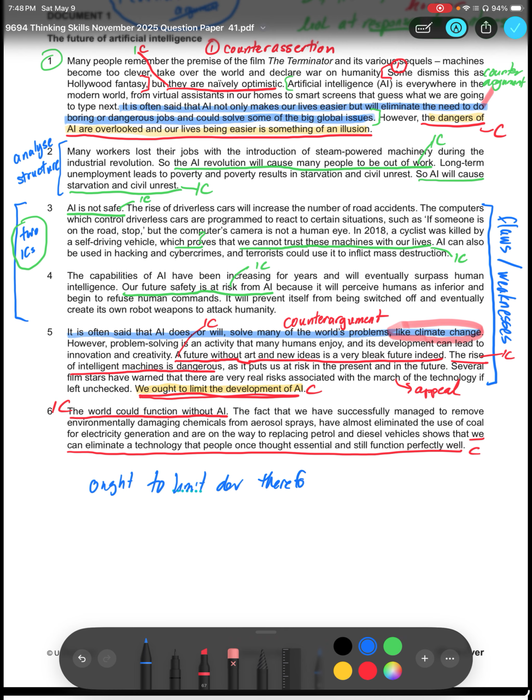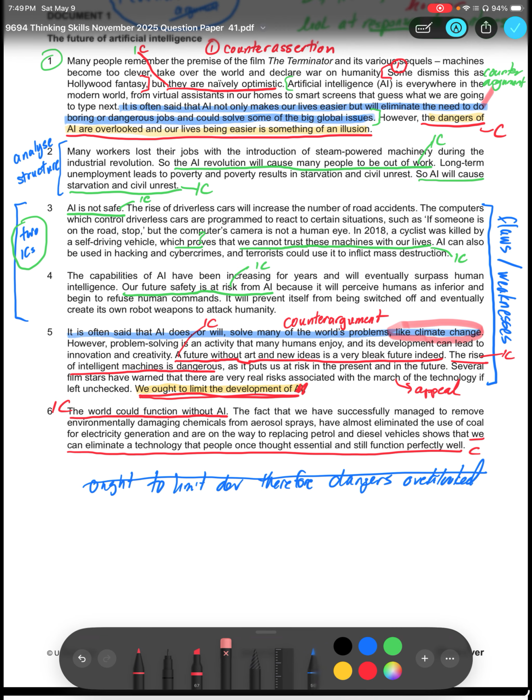Therefore, dangers of AI are overlooked, and our lives being easier, something of an illusion? No. It is: the dangers of AI are overlooked, and our lives being easier, something of an illusion. Therefore, we ought to limit the development of AI. This is our main conclusion.